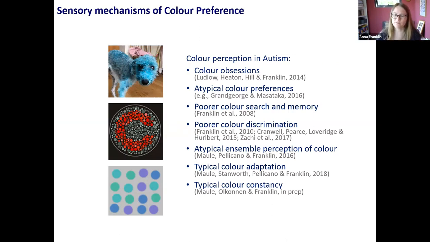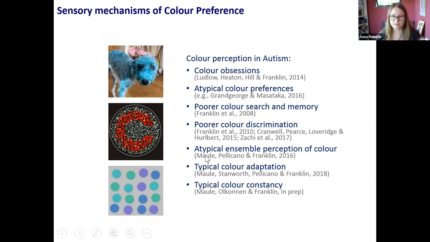So in autism, things like yellow, for example, that are typically liked less, and brown, which is typically a disliked colour in neurotypical participants, are liked more. And then there's a cluster of studies which suggest that colour discrimination is poorer in autism as well.